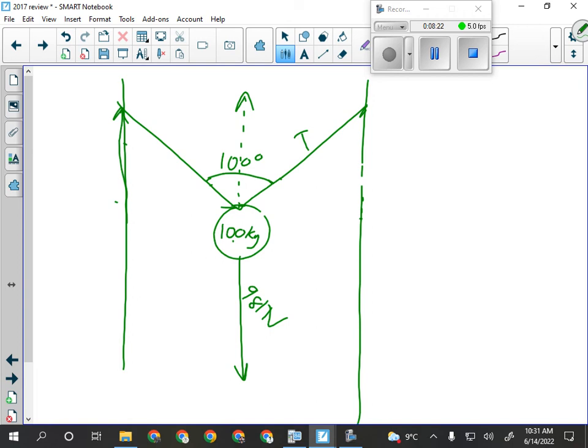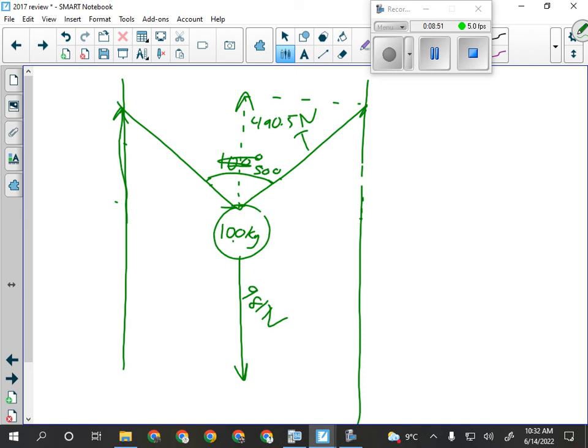So while this upward force in total is 981 newtons, it's actually 490.5 newtons per cable. And then the angle gets reduced to 50 degrees for each cable. Now that we know an angle and we know a side, we can figure out what the tension in the cable is, because it'll be equal for both cables, simply by doing a little bit of trigonometry.